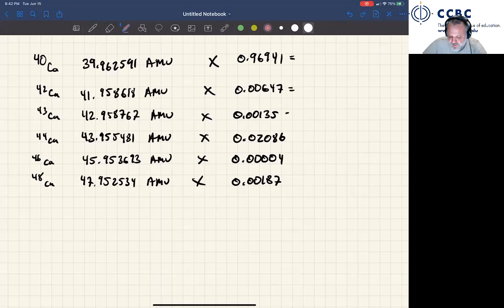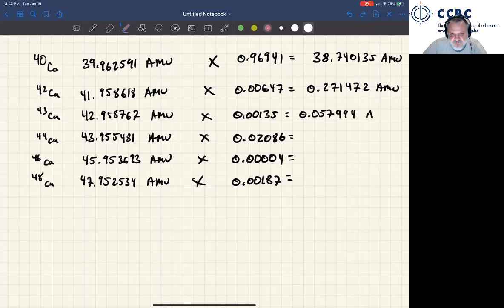And so I'm going to go ahead and take the product of each one of these different masses and abundances. For the first product, I get 38.740135 AMU. The next product, I get 0.271472 AMU. For calcium 43, I get 0.057994 AMU.